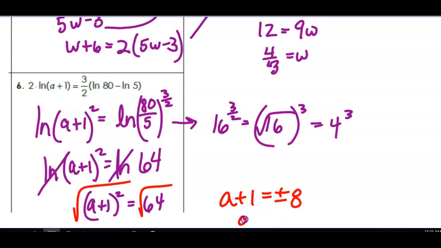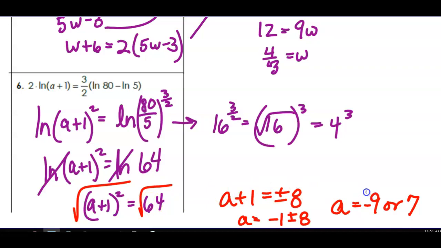So then if you subtract 1 over there, you would have a equals negative 9, or negative 1 plus 8 would be 7. If you'd FOILed it all out and moved the 64 over, you'd have factors of 63 that make, in the middle would have been a 2a, so 9 and 7. All right, anyway.